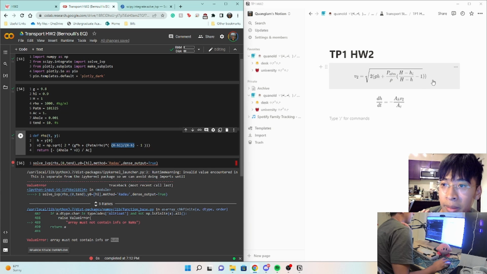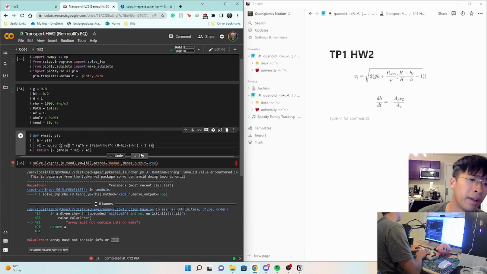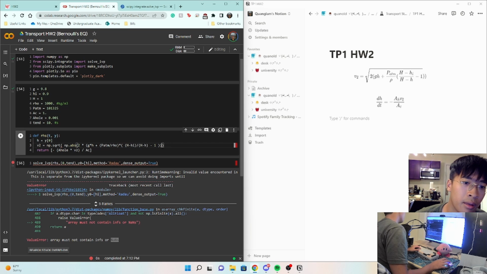Then this whole value becomes negative. And that would make the value under the square root negative. So that's what we're trying to avoid. So let's put np.absolute value here. Okay.